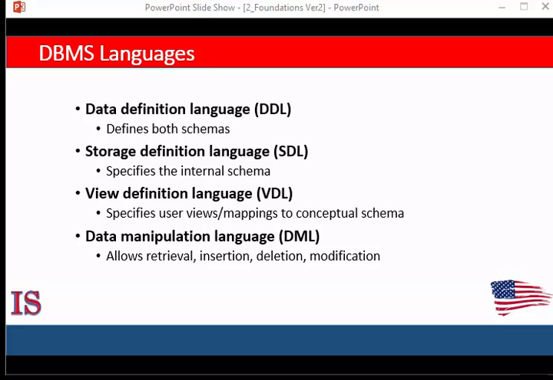Rather, a comprehensive integrated language is used that includes constructs for conceptual schema definition, view definition, and data manipulation. Storage definition is usually kept separate since it is used for defining physical storage structures to fine-tune the performance of the database system, which is usually done by the DBA and the DBA staff.